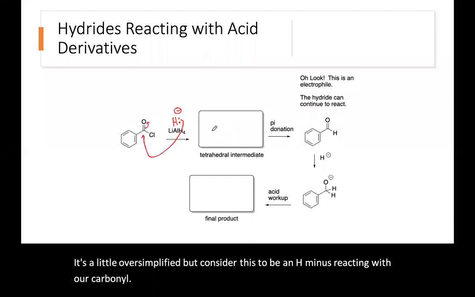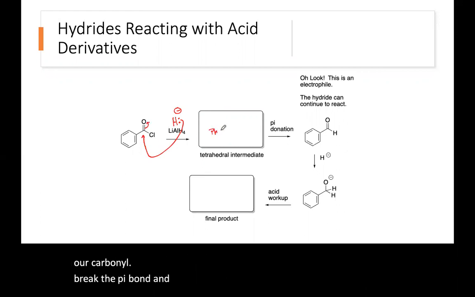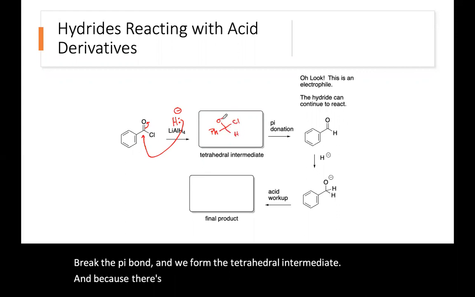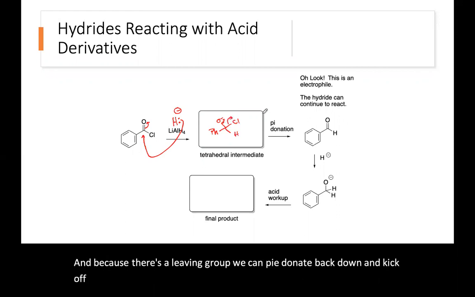Break the pi bond, and we form the tetrahedral intermediate. And because there's a leaving group, we can pi donate back down and kick off the chlorine. That gives us the aldehyde intermediate, which is still an electrophile.